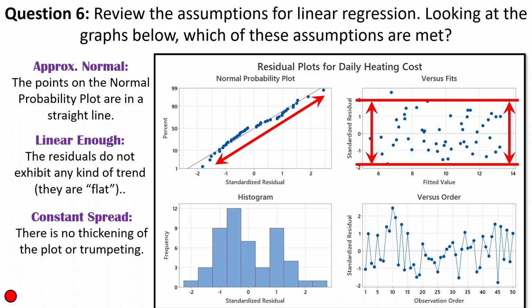If you had 1,000 data points, a histogram would be a good way to assess normality. But with only 50 data points, you can get a histogram that looks funny like this. It looks like it's bimodal, even though the residuals themselves do in fact follow fairly closely a normal distribution. So that's why we use a normal probability plot to assess normality.